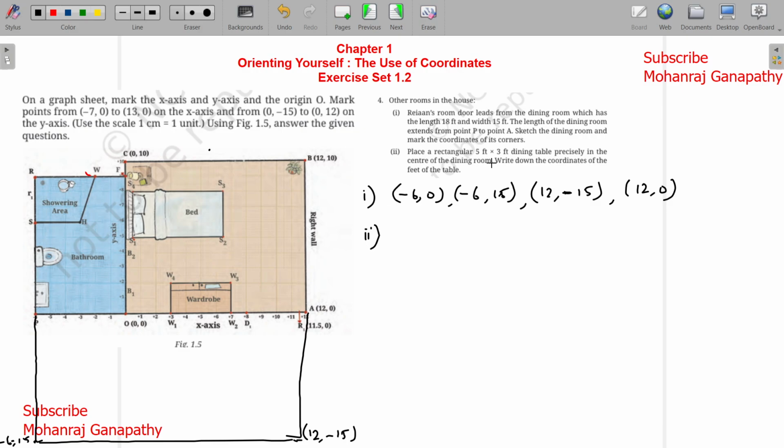Next, place the rectangular 5 cross 3 feet dining table precisely in the center of the dining room. Center of the dining room.